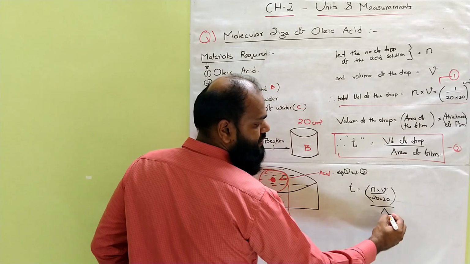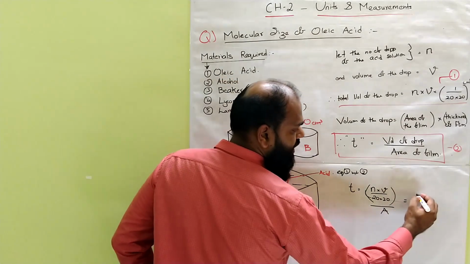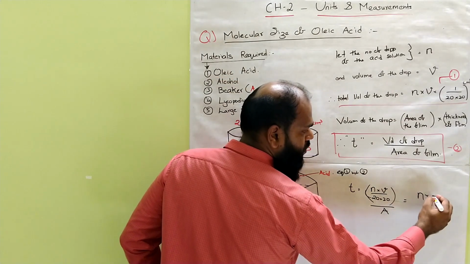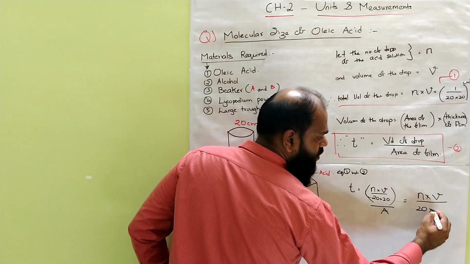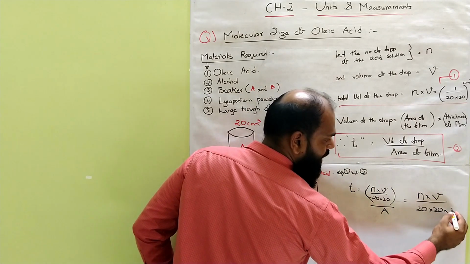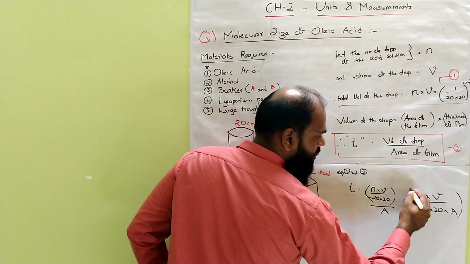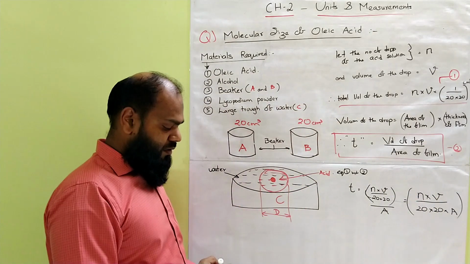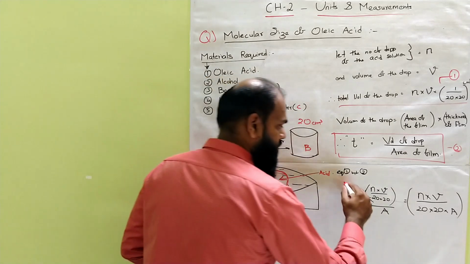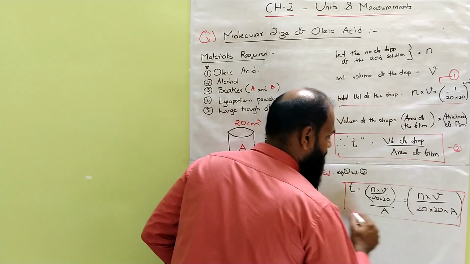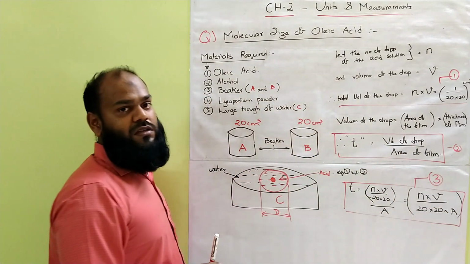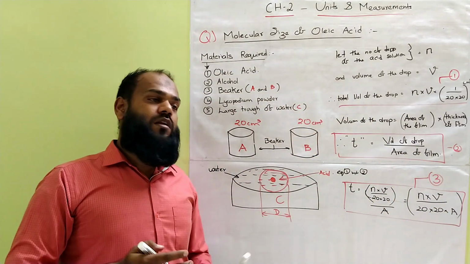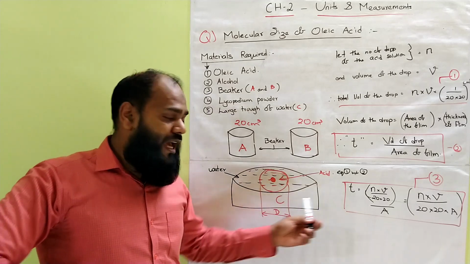Area of the film, let us mark it as A, therefore finally N into V divided by 20 into 20 into area A. This is the final thickness equation, and let me mark this as equation 3. Therefore, we have three formulas by which you can measure the size of the oleic acid.